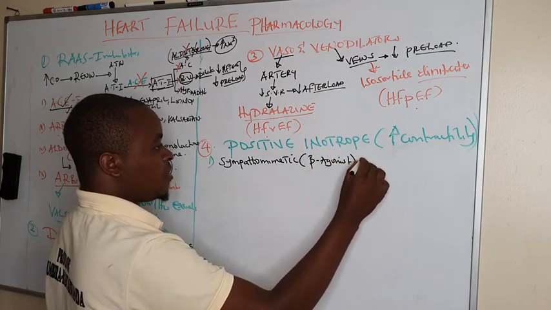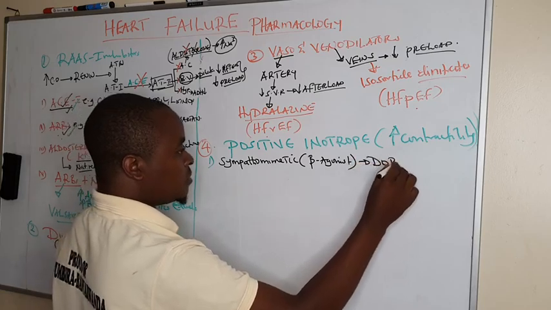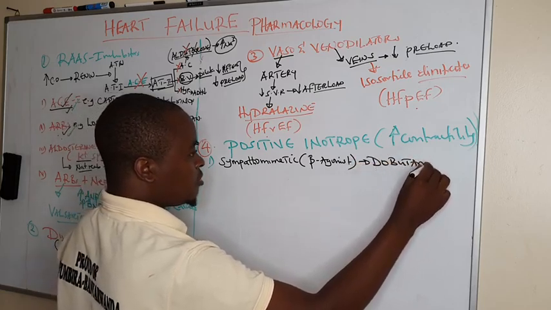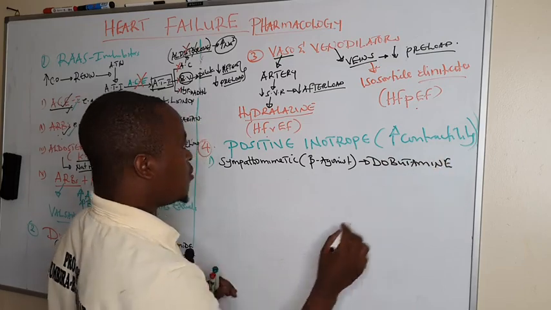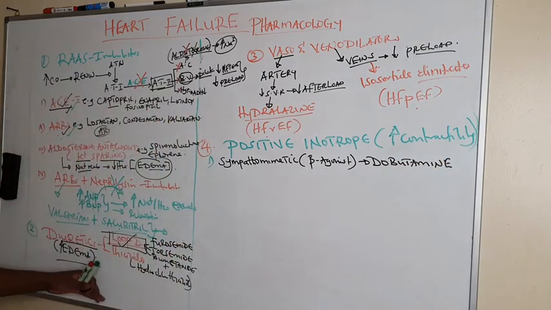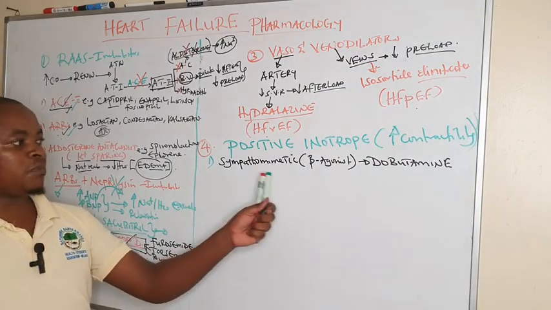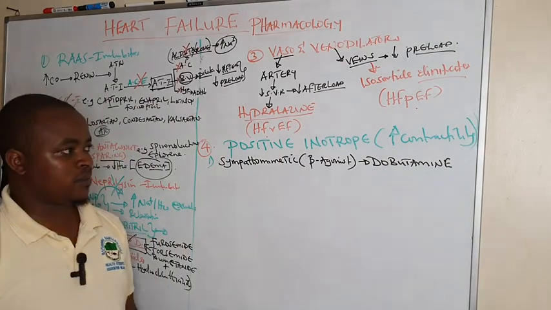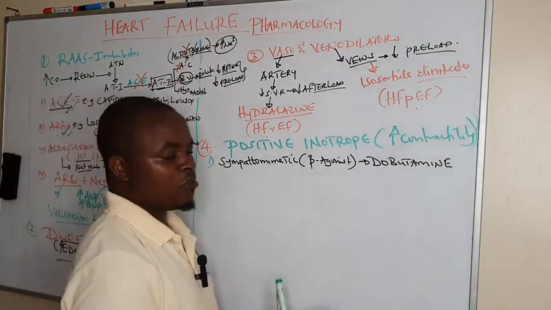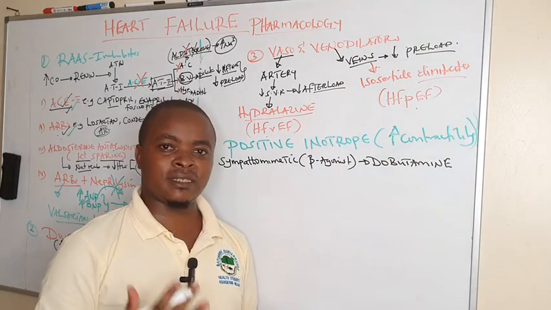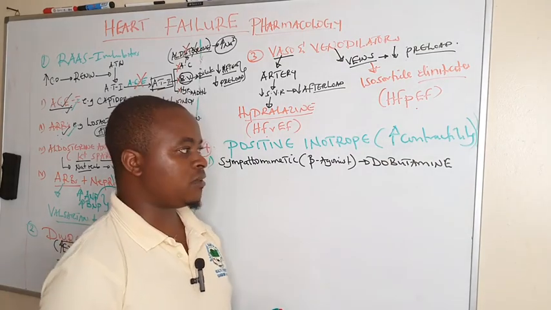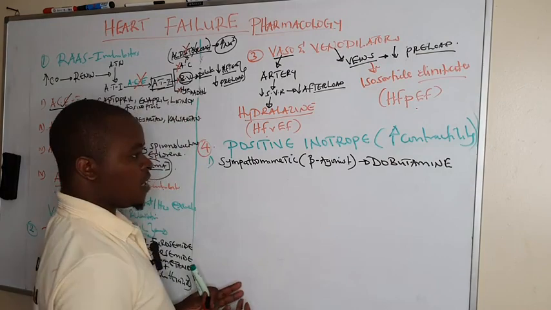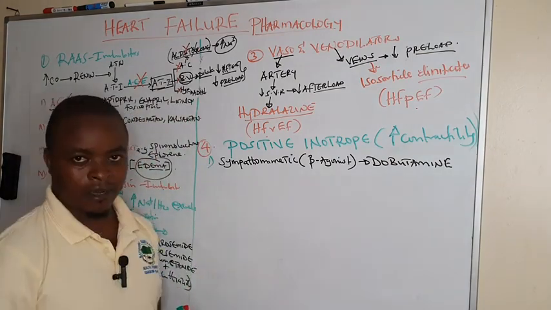An example here we are going to look at is dobutamine. It is the one which is commonly used, though all these other types decrease mortality, whereas sympathomimetics like dobutamine increase mortality. So it is less commonly used due to its side effect of increasing mortality. That is the beta agonist, which we can call dobutamine.